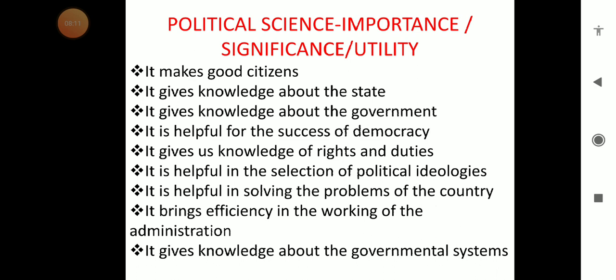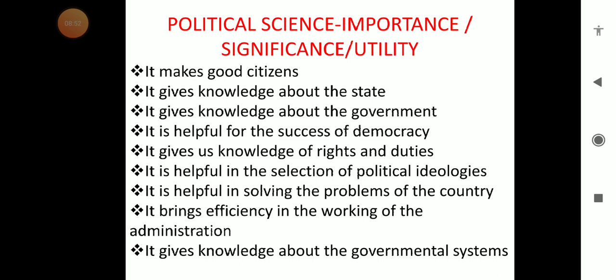If normally people are not aware of those rights and duties, then by studying political science, people come to know about their rights and duties, and the study of political science makes the individual aware of it, and this way they are better citizens, as well as helpful in the running of the government, and also helpful in obeying the laws made by the state, right? So it is very important to study political science.